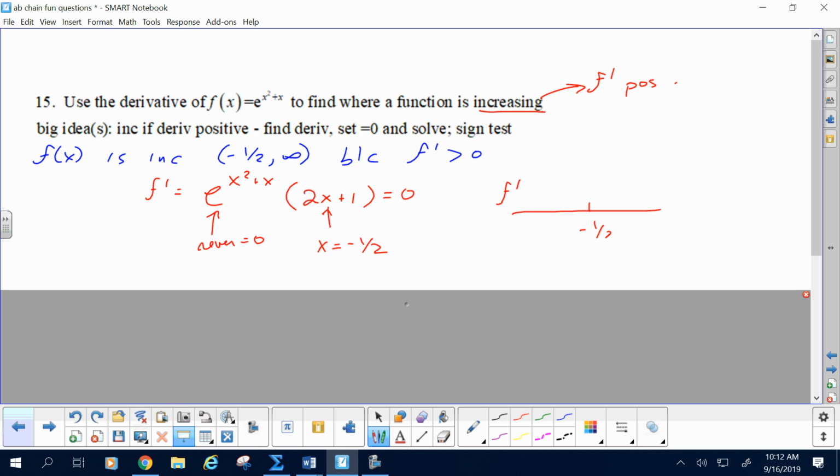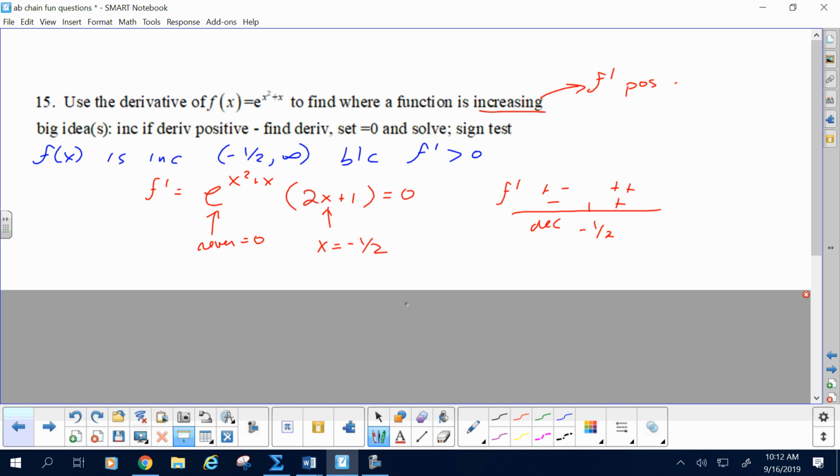Before, like at negative a billion, the derivative is positive times negative, so negative, implying decreasing. And after, maybe at 0, positive, positive, so increasing. Therefore, we conclude f is increasing from negative 1/2 forever after. Yep. Cool. And 9.